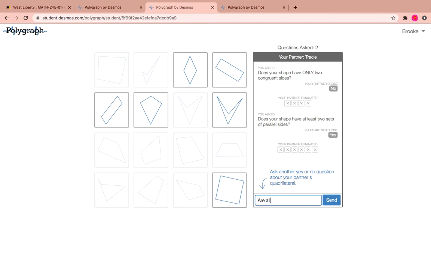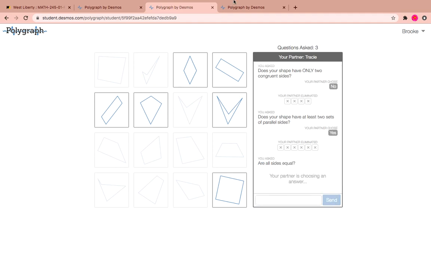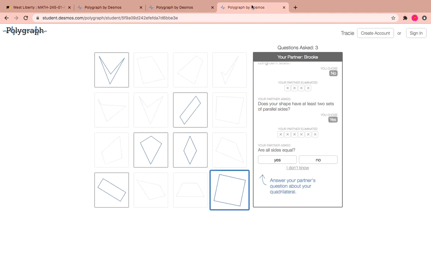Are all sides equal? So if they say no, then that means we could eliminate the square. So that's still getting at least 1 shape out of our way. So let's send this. And our partner sees, are all sides equal?